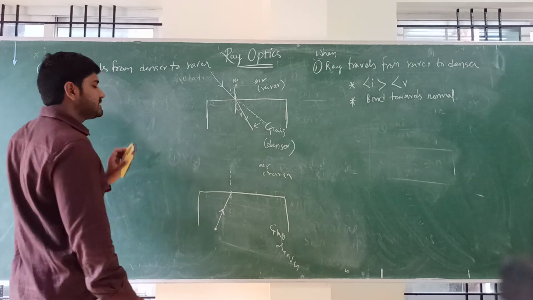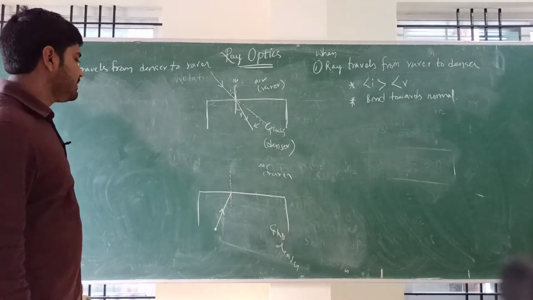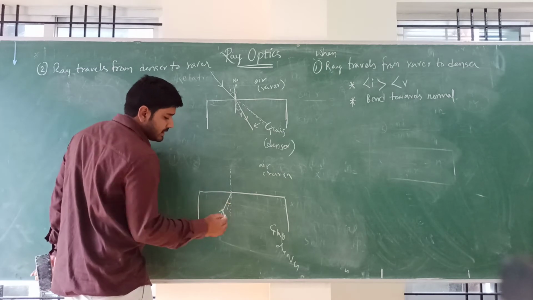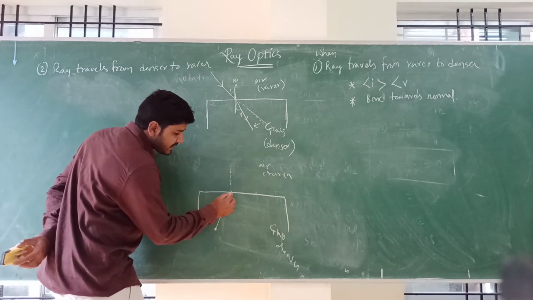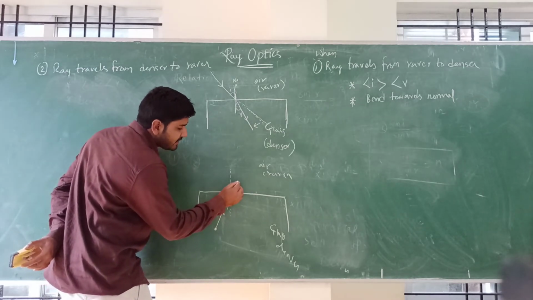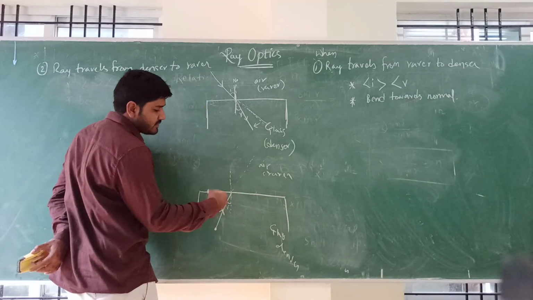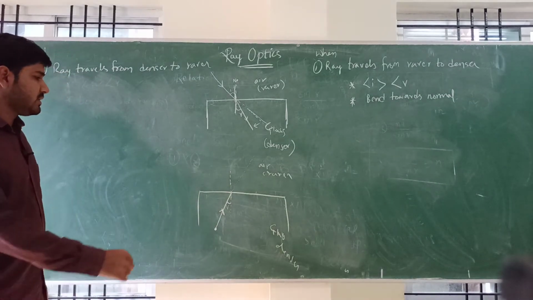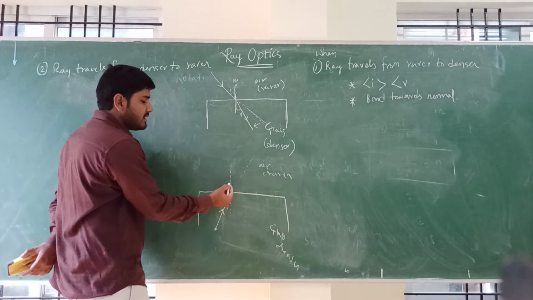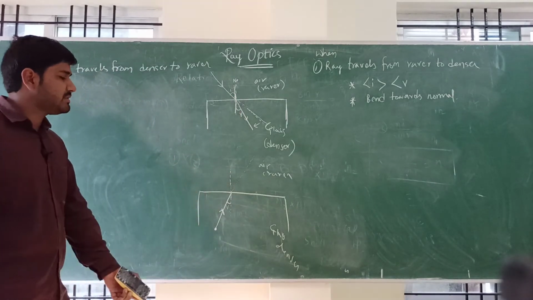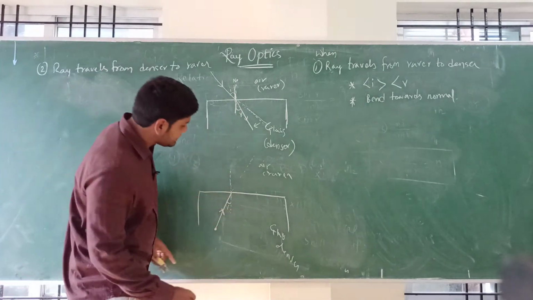So when the ray is traveling from denser to rarer medium, suppose this is the angle of incidence. So the actual path of this ray is like this. Actually, if there was no glass or no air, then the ray would pass in a straight line, in this direction.